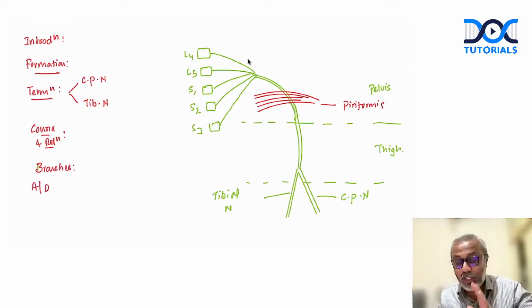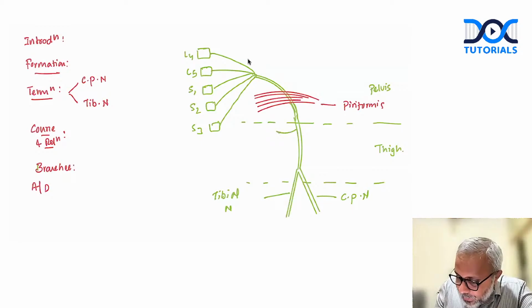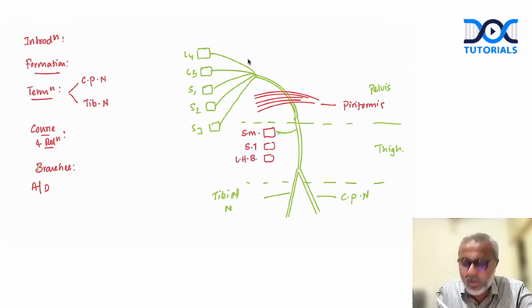Now, we know that the entire sciatic nerve has a tibial component and a common peroneal component. Remember, the tibial component will supply the hamstring muscles. Now, what are the hamstring muscles we have? So we have the semimembranosus. Then we have semitendinosus. Then we have the long head of biceps femoris. Then we have the ischial head of adductor magnus.